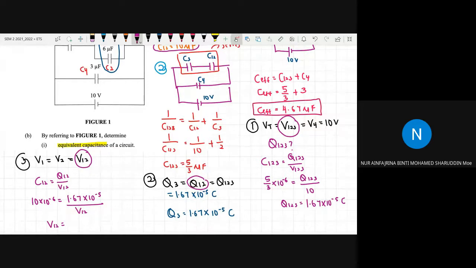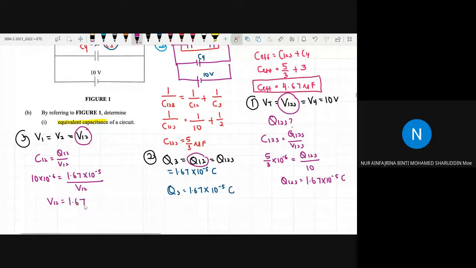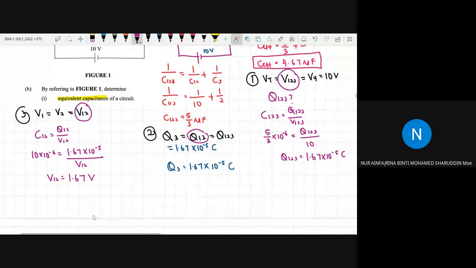Cuba kira. 1.67. Am I right? 1.67 volt. So bila you dah dapat you punya V12, kita tahu V1 akan sama dengan V2 sama dengan V12 which is 1.67 volt. So kita dah tahu, oh rupanya V1 kita pun 1.67 volt.